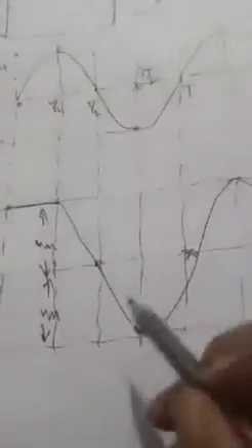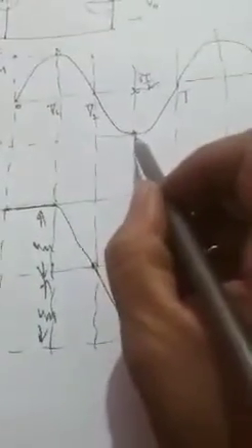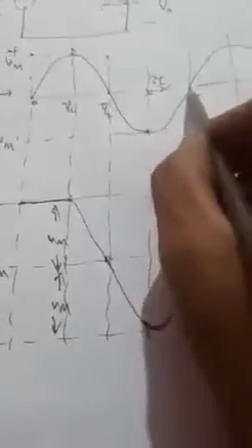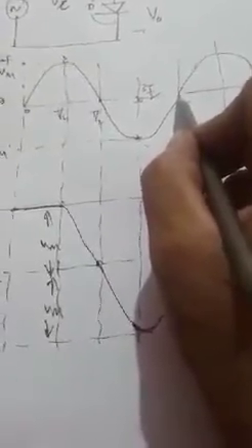From there onwards, when the input is going down at time t equal to T, what is the output voltage? The input voltage is equal to 0, because this is 0. So substitute, V naught is equal to Vi minus Vc.